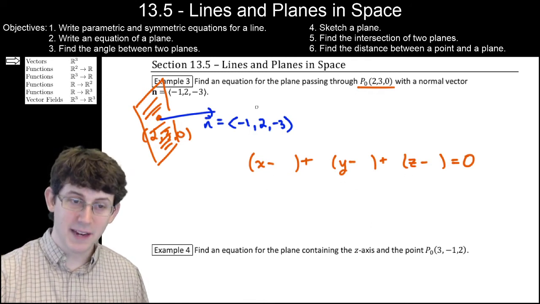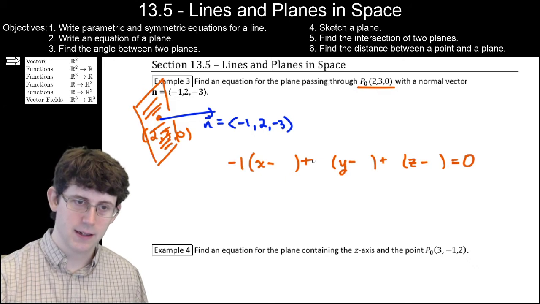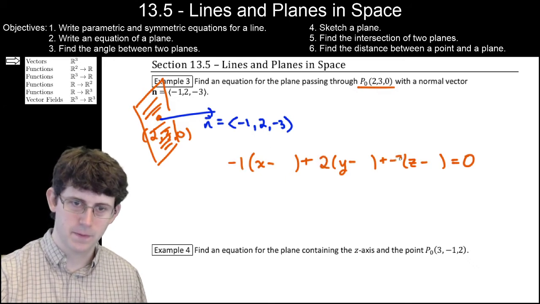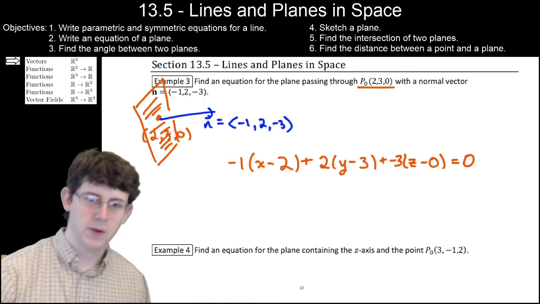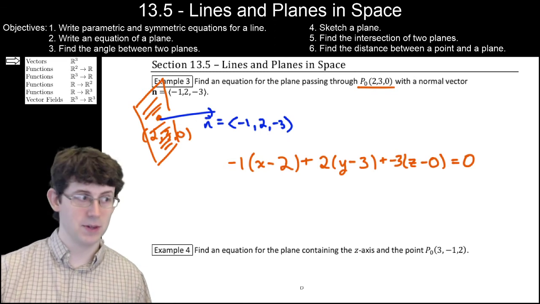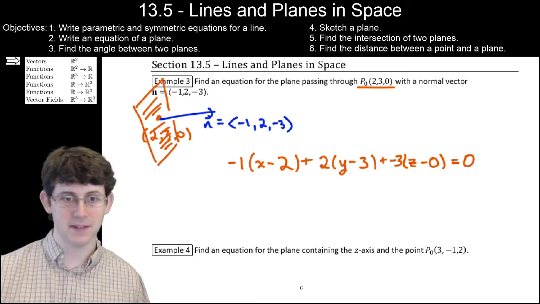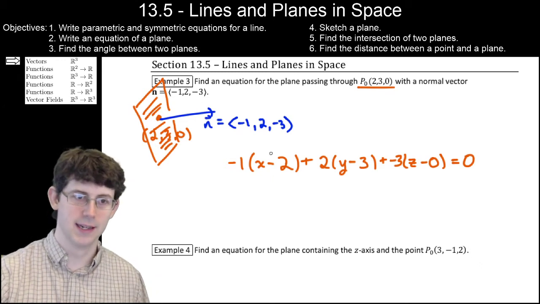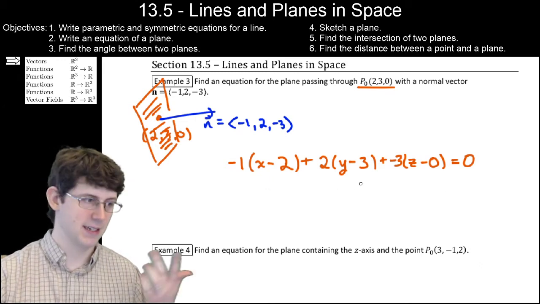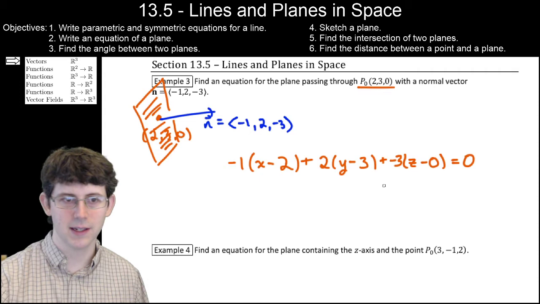Then the normal vector goes here, and the base point goes in here. The reason behind that was the picture I had on the previous page, but you don't have to use that picture every time. You need to be able to use this formula to quickly build the equation of a plane. Then you can simplify all this and you'll get a nice answer, or you can just circle it.